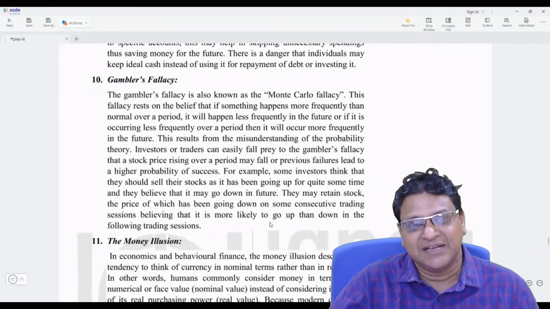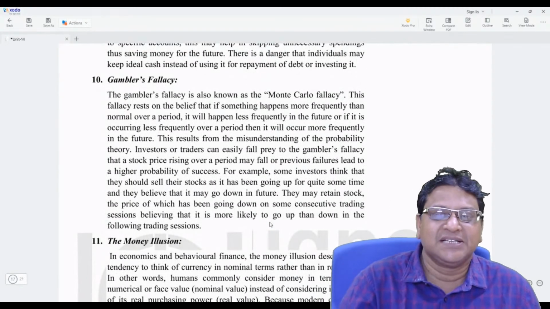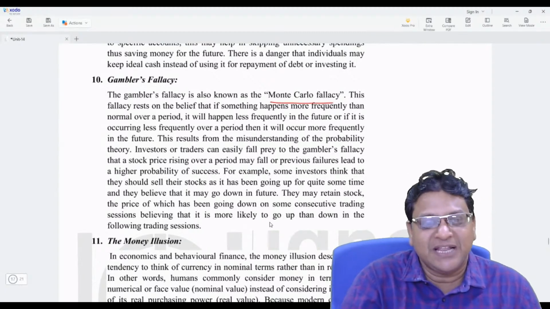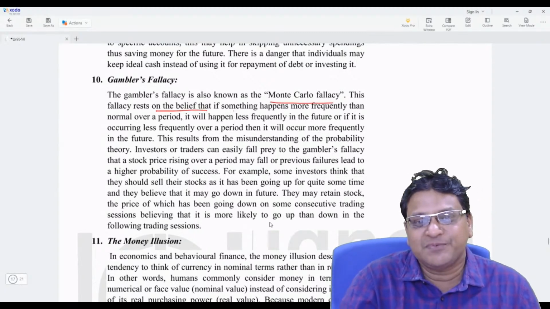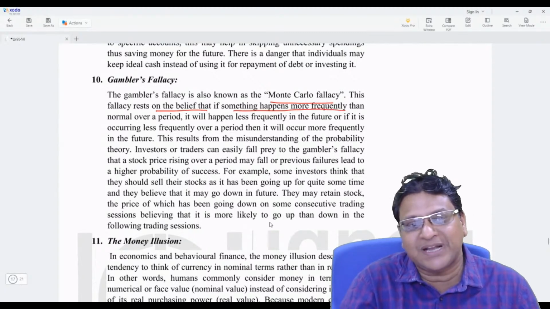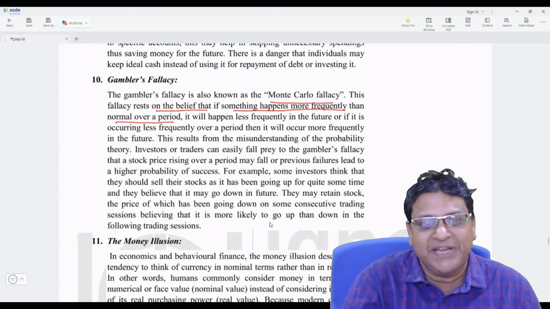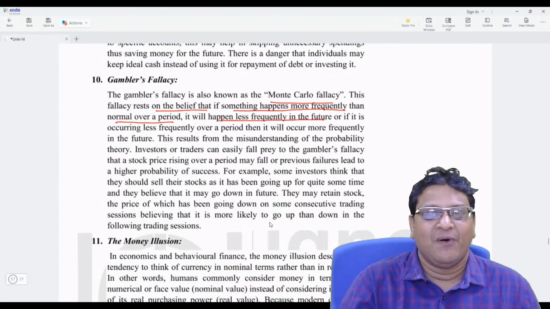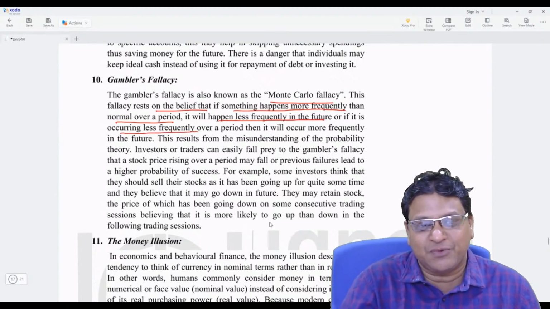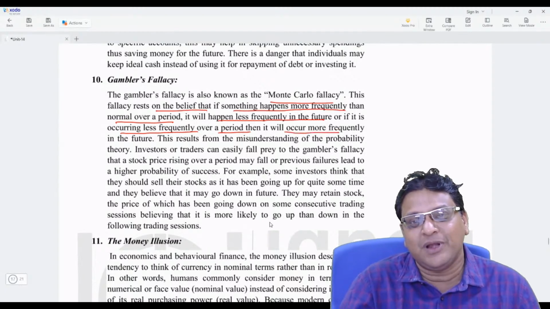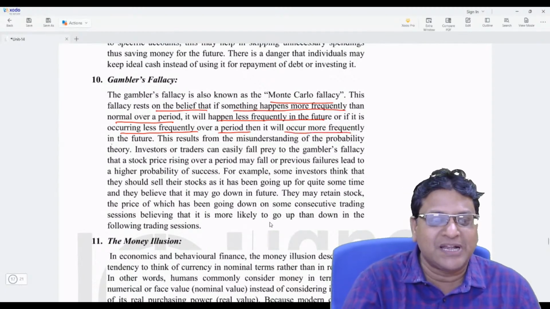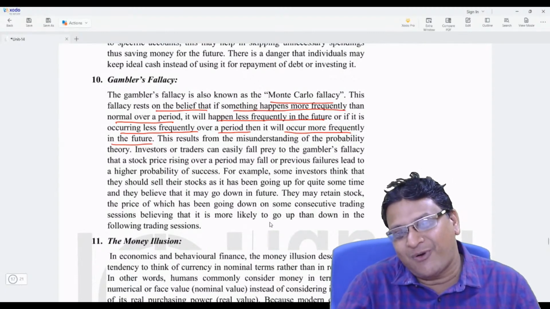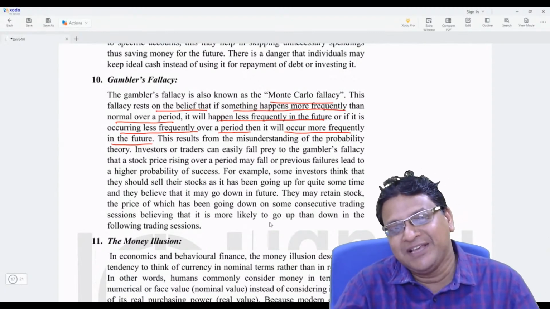Gambler's fallacy. What is gambler's fallacy? This is also known as Monte Carlo fallacy. This fallacy rests on the belief that if something happens more frequently than normal over a period, it will happen less frequently in future. Or if it is occurring less frequently over a period, then it will occur more frequently in future. This means, let's say a company is not declaring dividend year after year.